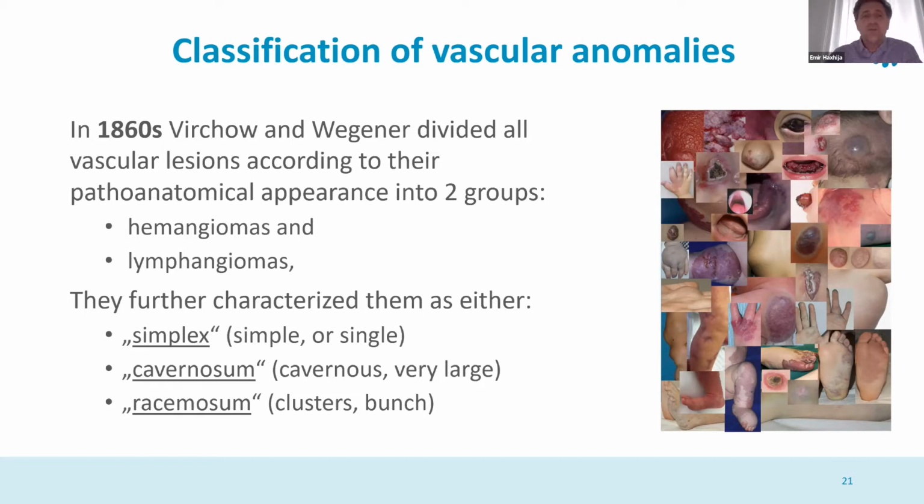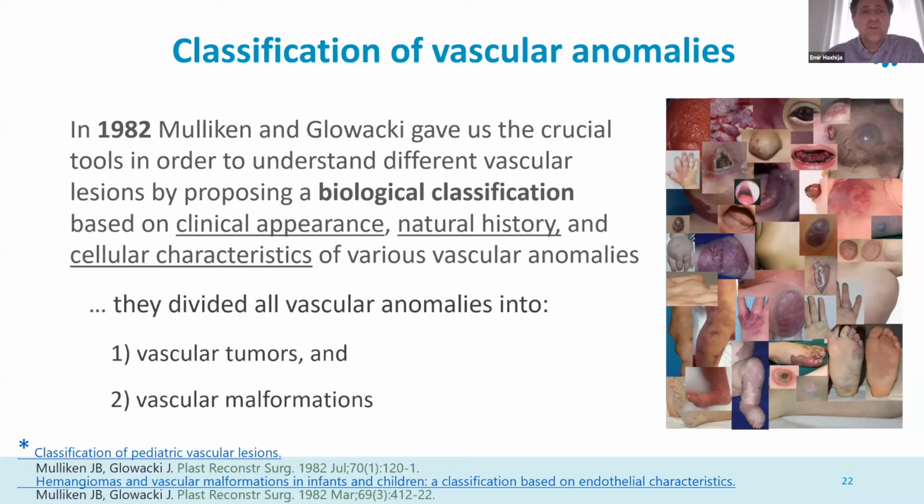But they could not know at that time some other details, which Mulliken and Glowacki were able to recognize and present to us in 1982. They proposed the biological classification of all vascular lesions based on the clinical appearance of the lesions, natural history, and also cellular characteristics.